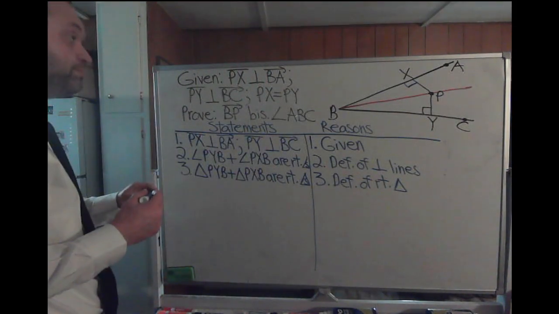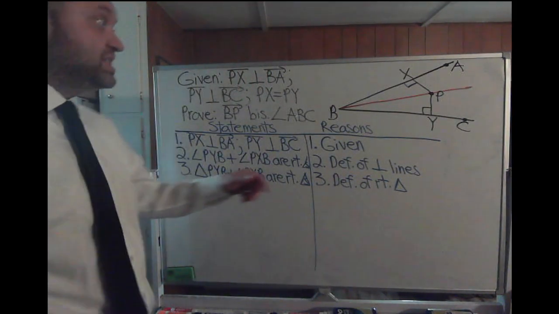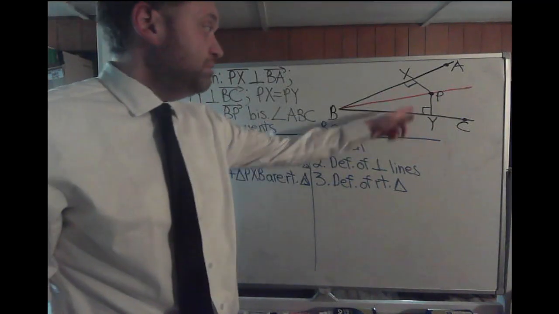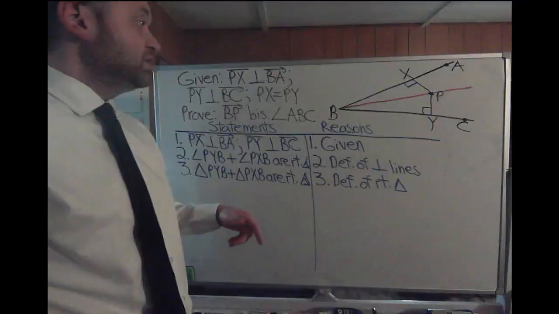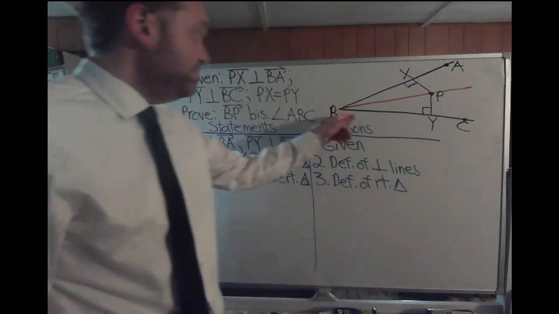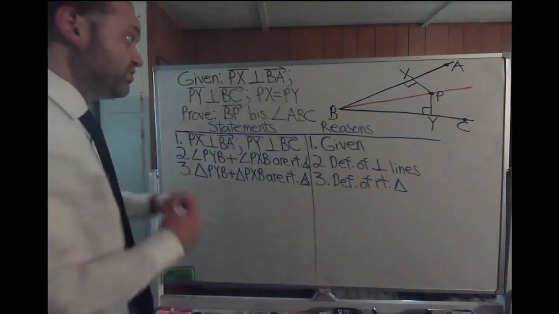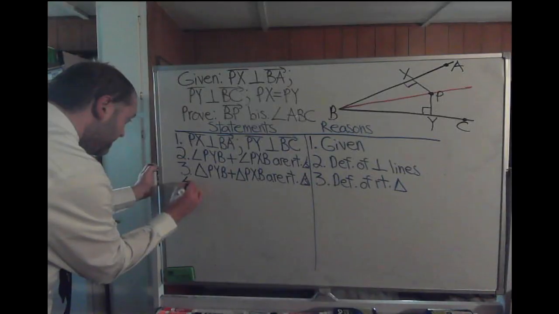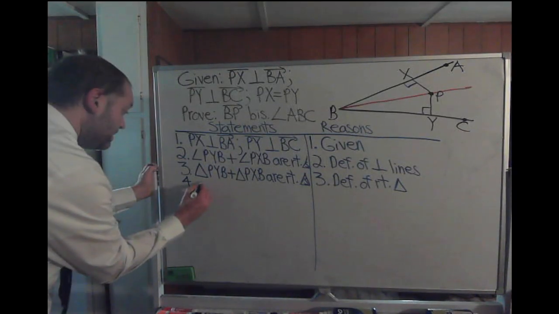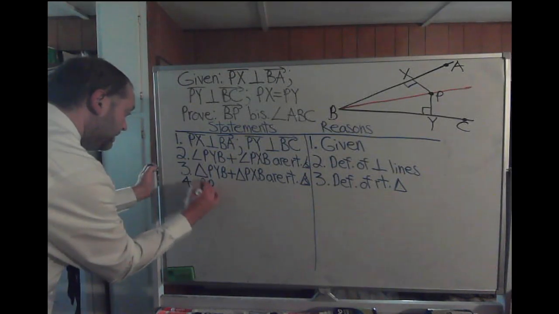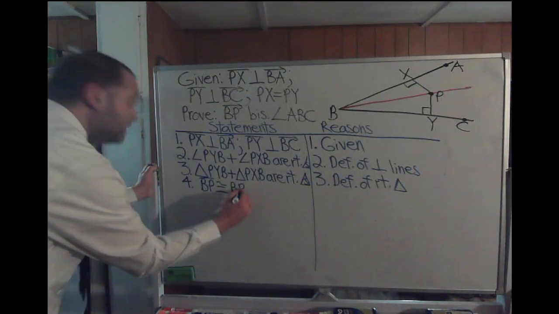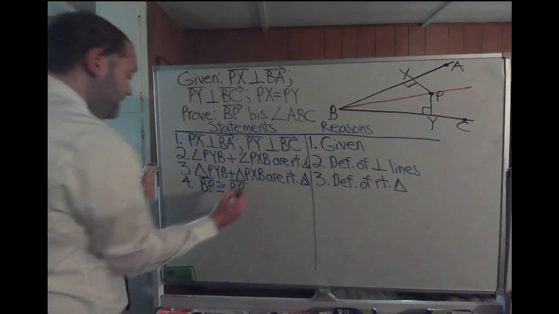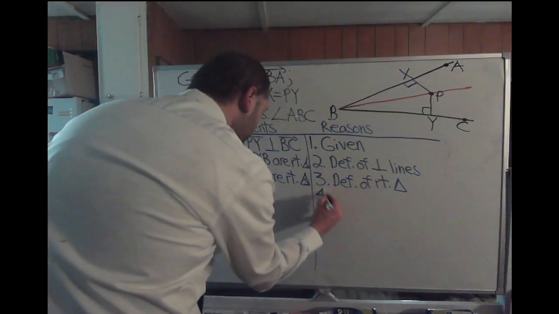Now, since we've established that triangles PXB and PYB are both right triangles, doesn't it look pretty safe to say that BP is the hypotenuse for both triangles? Therefore, line segment BP is congruent to line segment BP by the reflexive property.